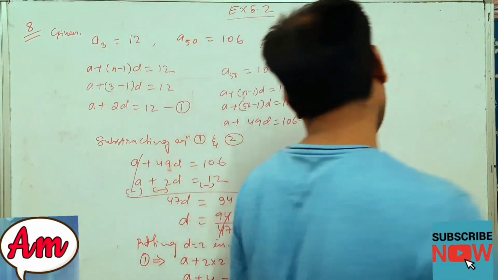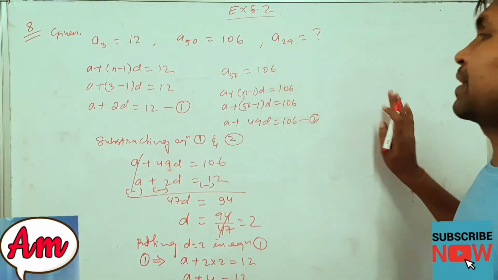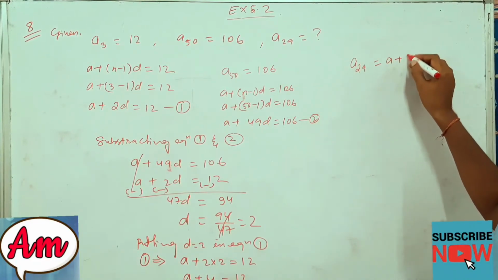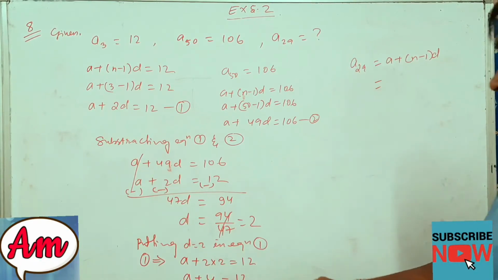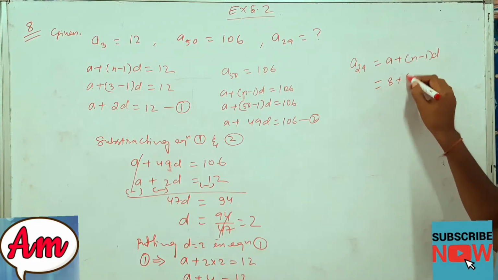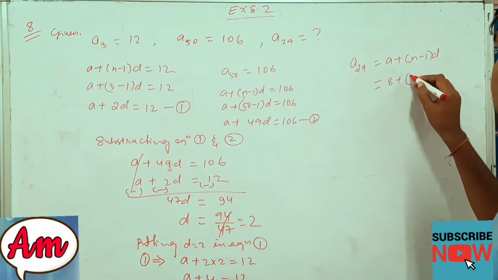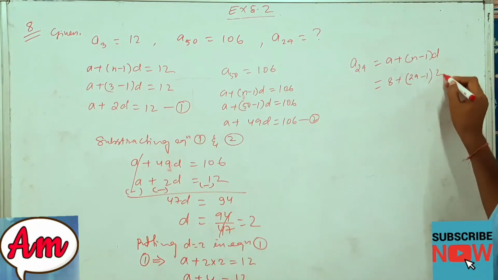So now we have the values of a and d. Now we can easily find A29. A29 equals a plus (n minus 1) into d. Here a is 8, n is 29, and d is 2.